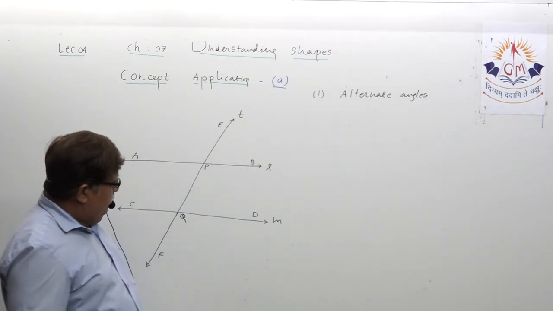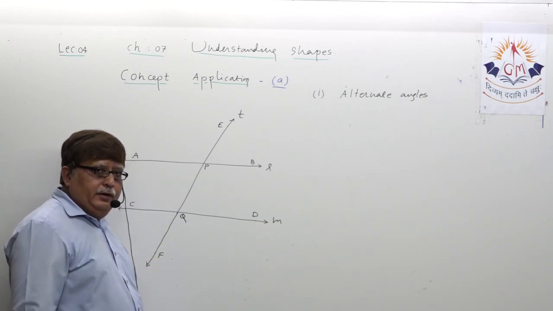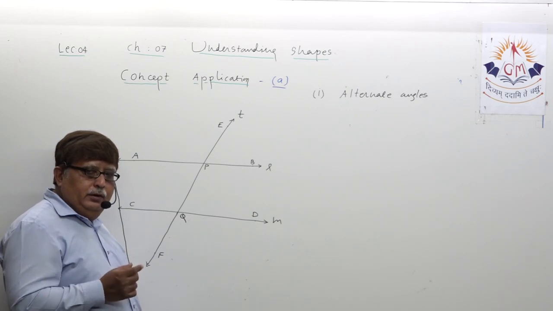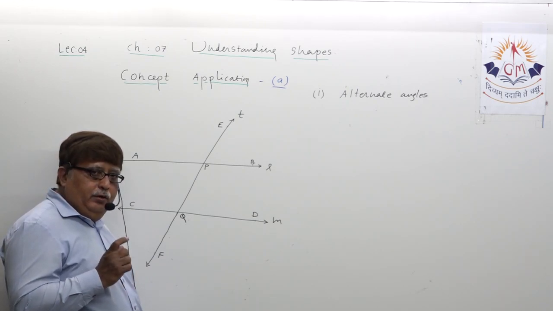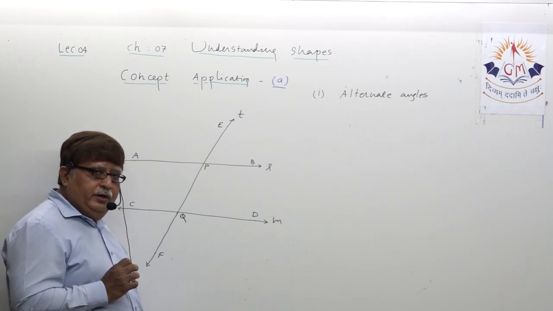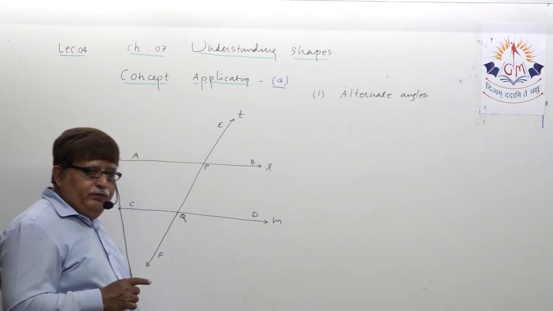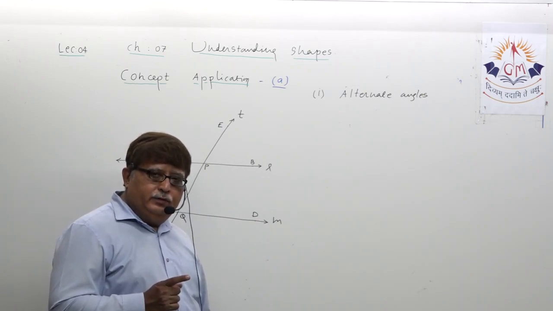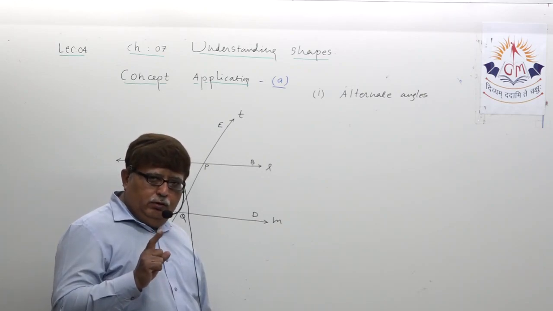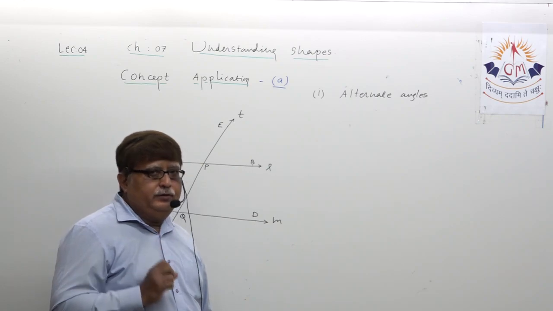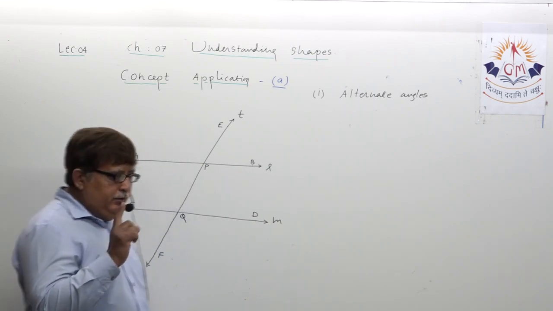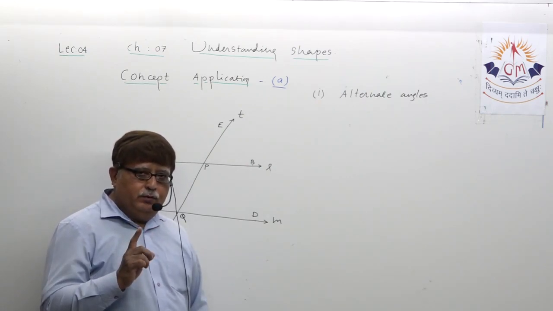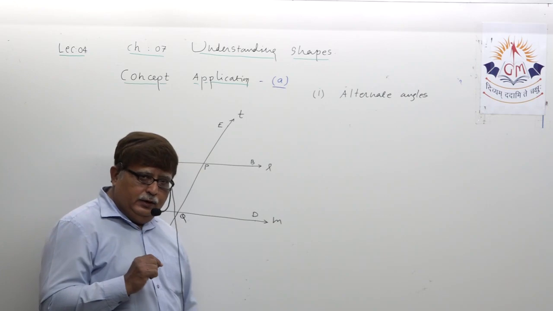Now, dear student, from this particular diagram you have to find pairs of alternate angles, like we were finding pairs of adjacent angles and pairs of opposite angles. How to find?